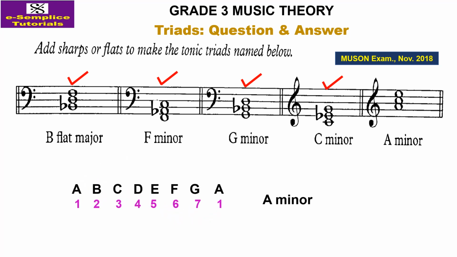The normal process. It's a minor key, raise the 7th degree, then circle the tonic, the 3rd, and the 5th. Stack. You have A, C, E. So we are not adding any accidental on that because none of the notes in A minor tonic triad has an accidental. So we are done with that.